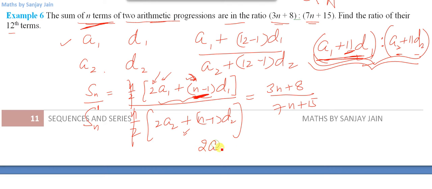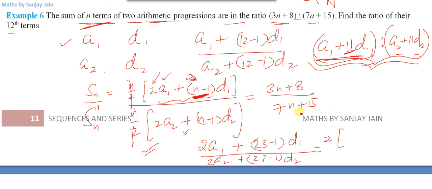If I put n equal to 23, I'll have 2a1 plus 23 minus 1 d1 divided by 2a2 plus 23 minus 1 d2. Now you see, I am just manipulating the left hand side first. Then obviously if you have put n equal to 23 on the left hand side, you will have to replace n with 23 on the right hand side also.